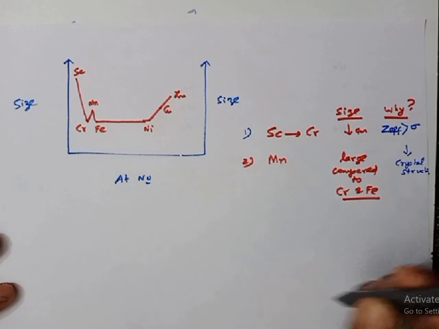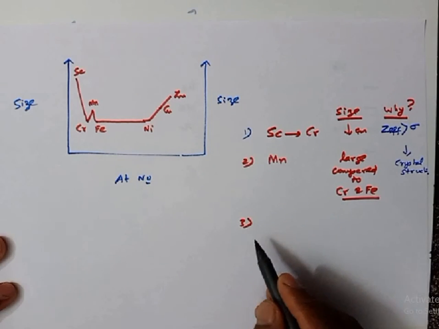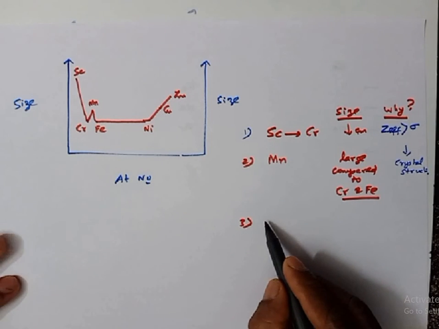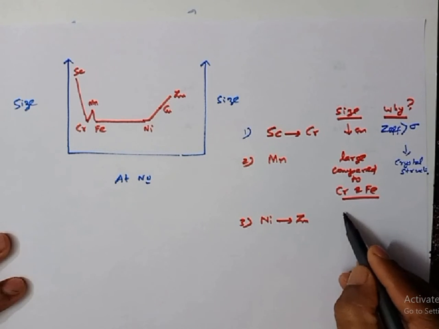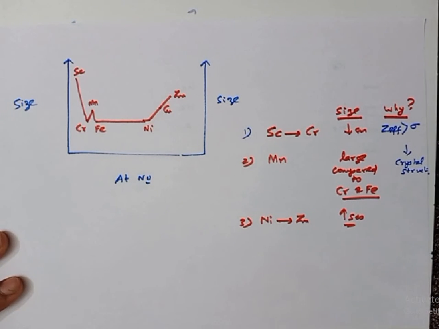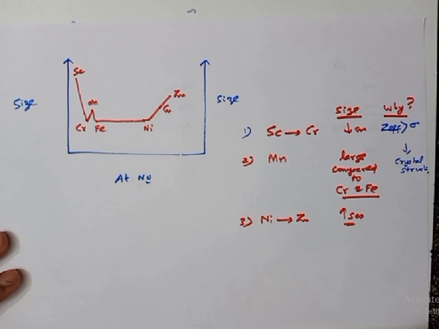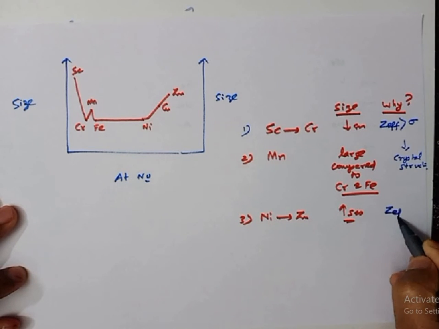Then the third point: after nickel, size increases. What's the reason? From nickel to zinc, what happened to the size? Size increases. Why? Students, what's the reason? Can you tell me the reason? Shielding effect.